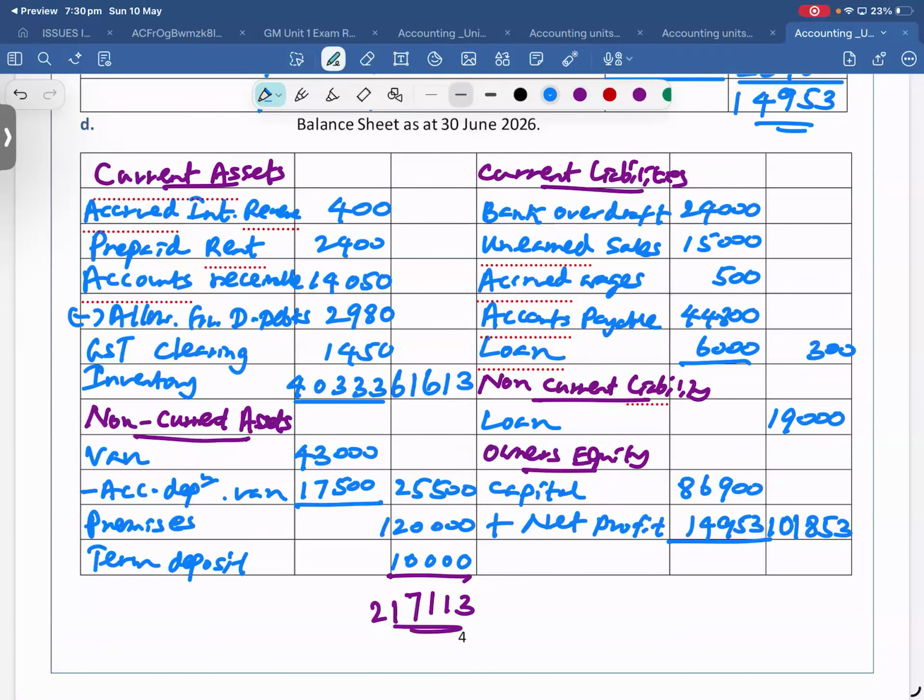Per assets. Yep. Initially 55,653. Minus the allowance for doubtful debt added.